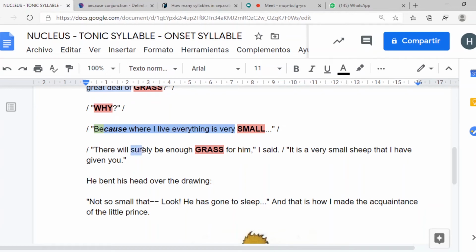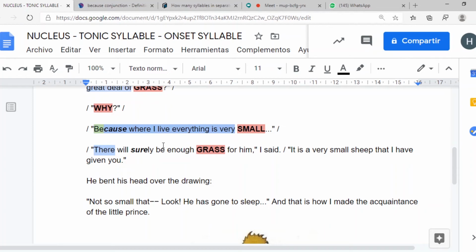Surely, sure will be my onset syllable, because this is the first stressed syllable. Because this is an existential there, it is not stressed.